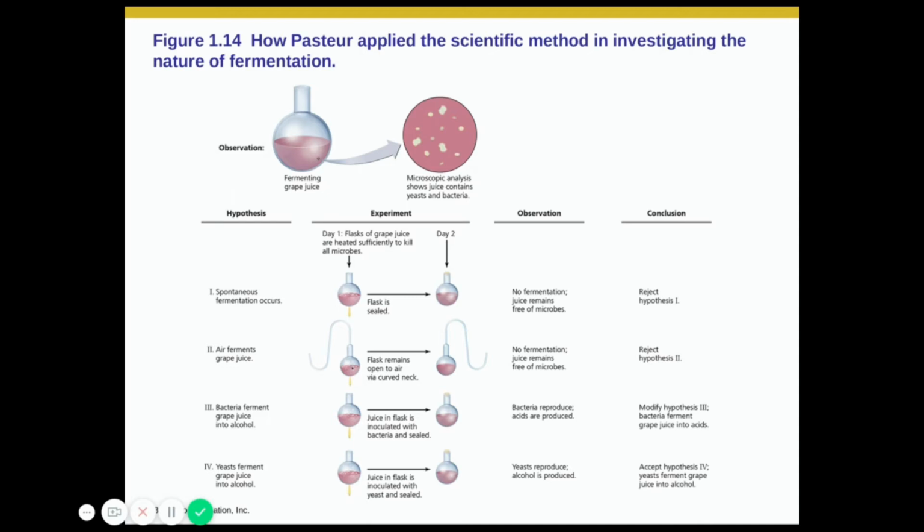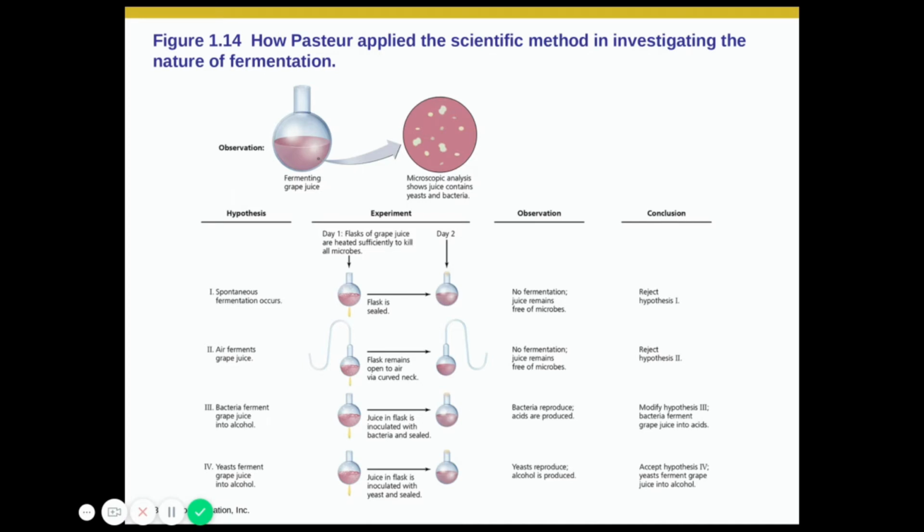So if air is the thing that's doing it, if we use that swan neck flask again, it should ferment, but it never does, because those microbes that stay in the bottom of that little U-tube can't get up into there to cause fermentation to happen. Then he heats up another flask and he introduces bacteria. We call it inoculating bacteria into that flask. And what happens is it produces acid.